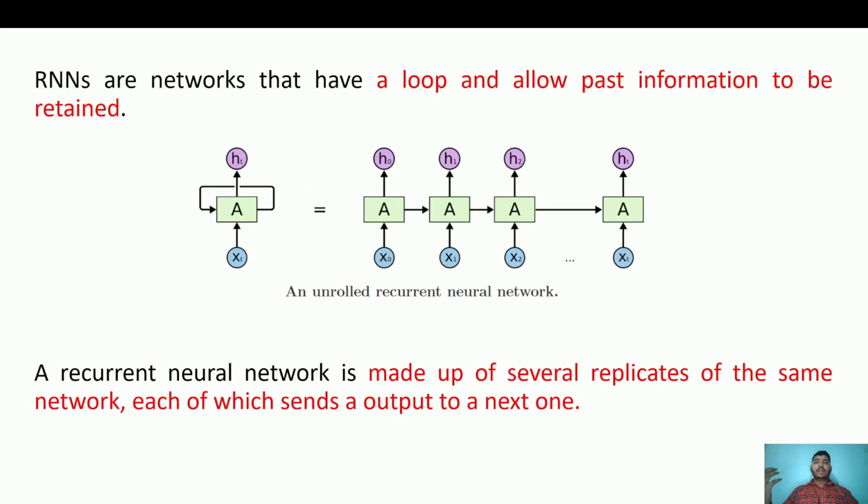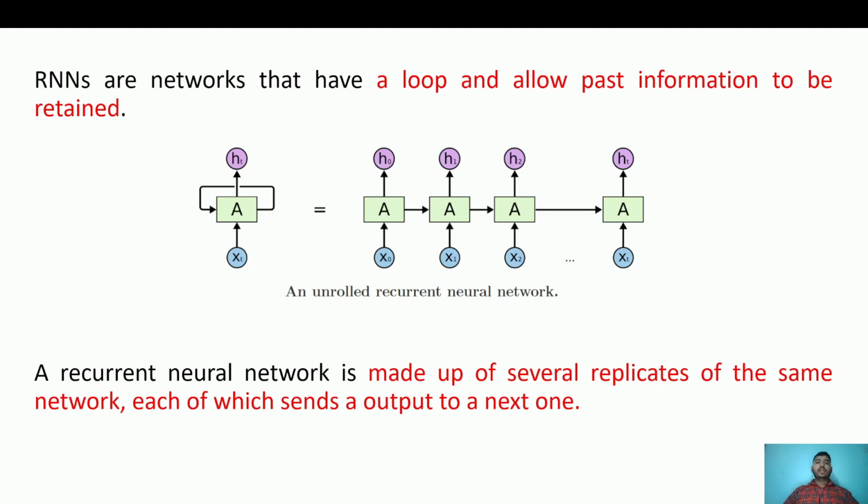So RNNs are networks that have a loop and allow past information to be retained, and that is the major functionality of RNN. Here you can see the main RNN structure, and when we unroll this RNN, it unrolls like this. We give an input, we get the output, and this output also becomes input for the next neural network, right?